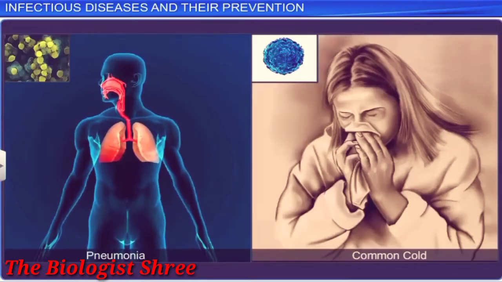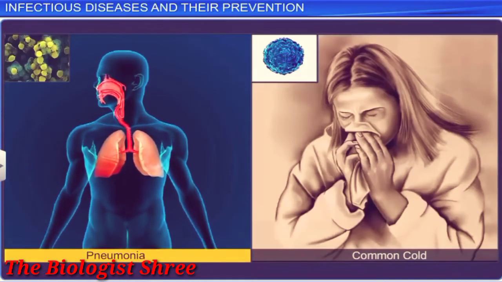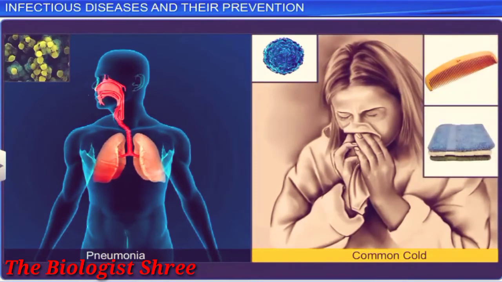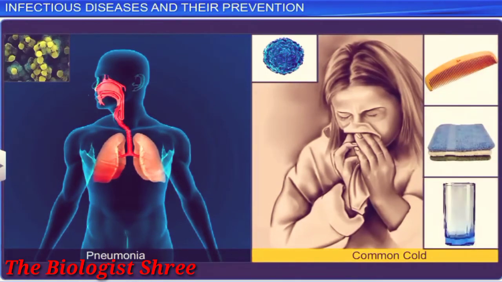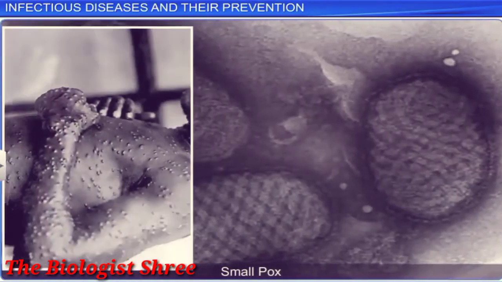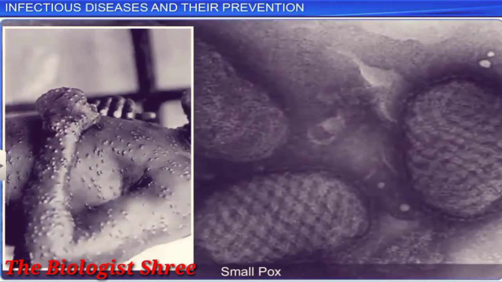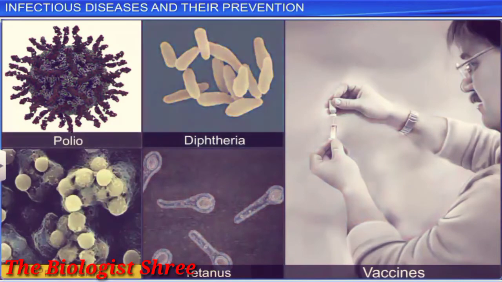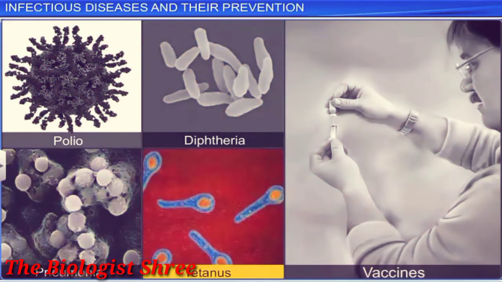For airborne diseases like pneumonia and the common cold, care must also be taken that contact with infected persons and their belongings are avoided. While some, like smallpox, have been eradicated completely, others such as polio, diphtheria, pneumonia, and tetanus can be controlled to a large extent by vaccines.